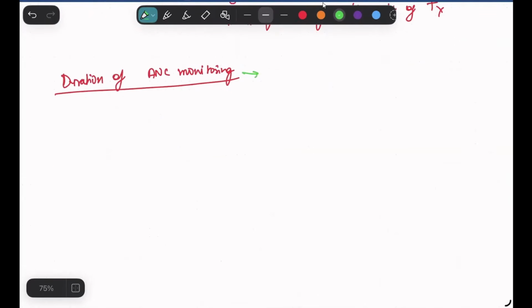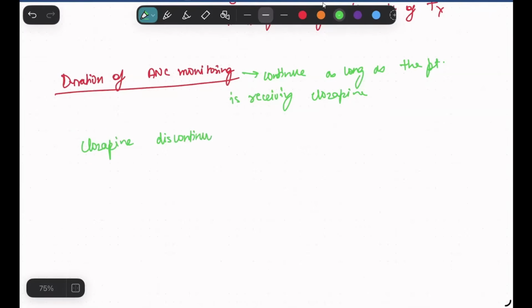And suppose clozapine is discontinued, then till what time do we have to monitor? It should be continued for at least 1 month after clozapine is discontinued.